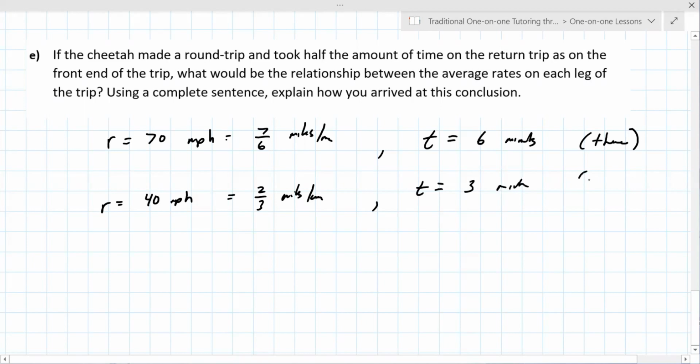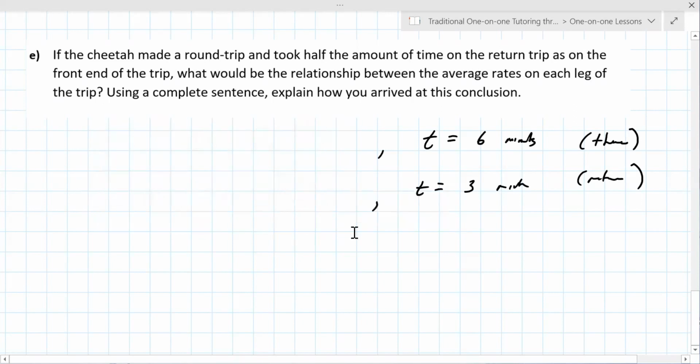Now there's a problem here, because if it takes you less time to get back, your rate has to be faster. So let me not do this for the moment. We'll come back to that.